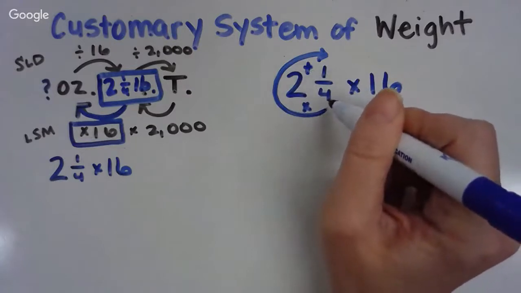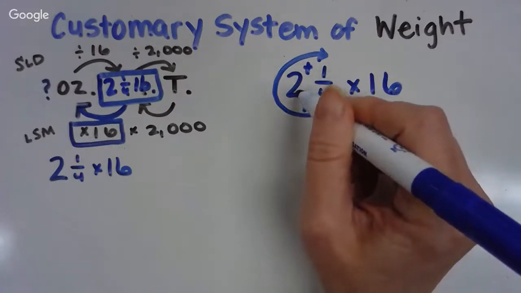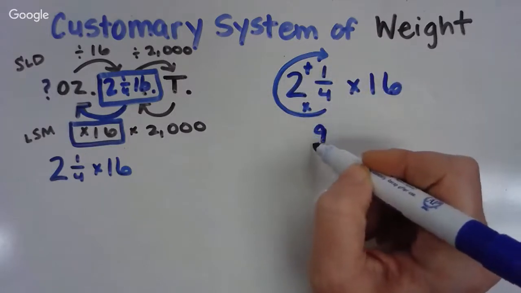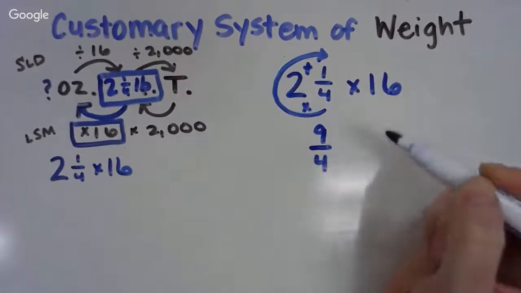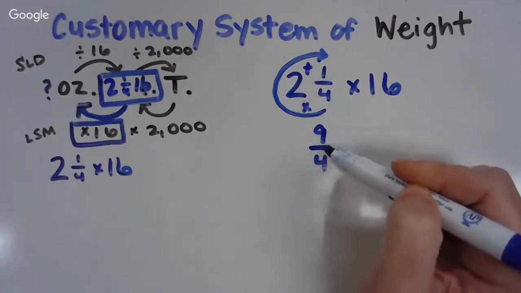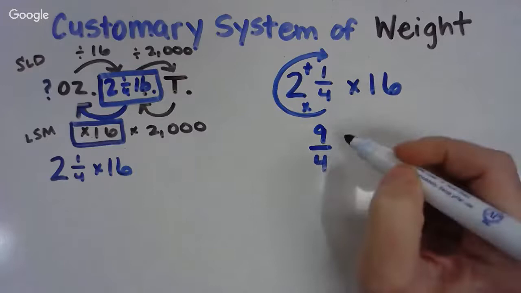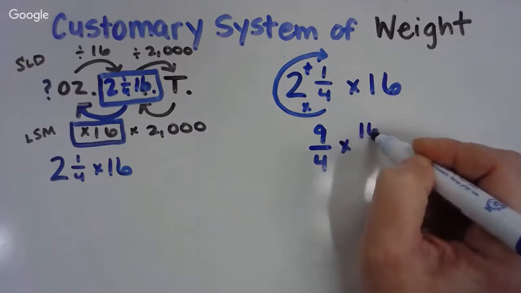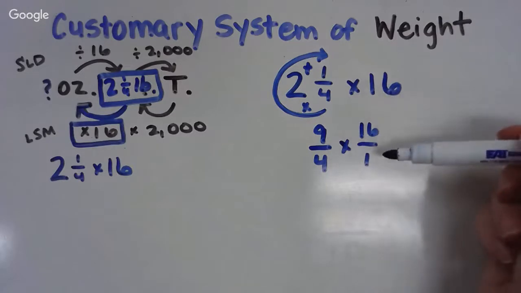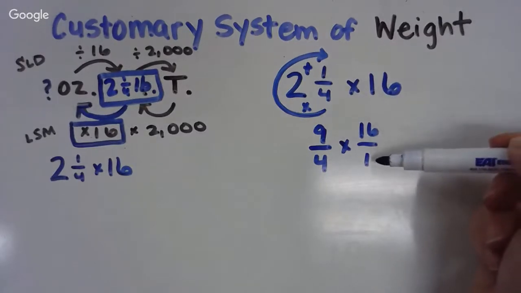When I multiply the bottom, 4 times 2, I get 8. Add that to the top, plus 1, I have 9. I keep my denominator the same, and I know that 2 1/4 is equivalent to 9/4. I'm going to change 16 into fraction form by putting a 1 underneath it because 16 wholes is the same expressed here as 16 wholes.